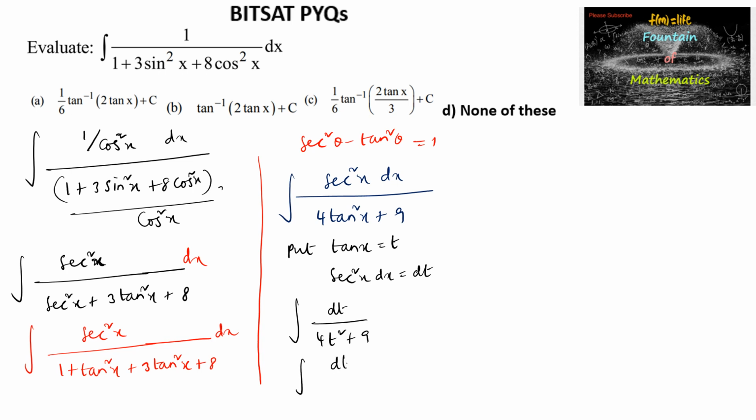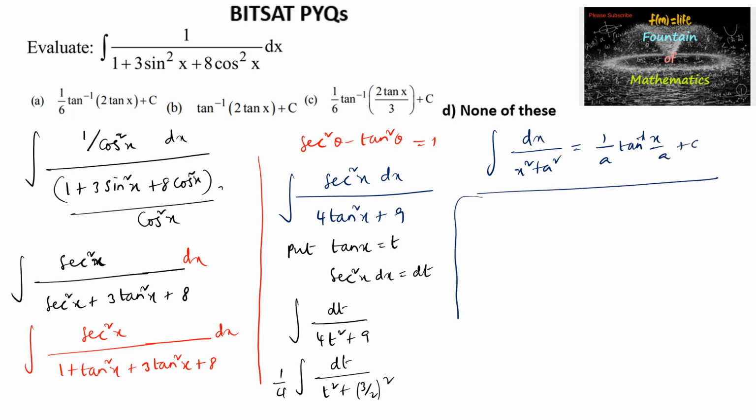We can also write dt upon 4 taken common, t square plus 9 by 4, that is (3 by 2) whole square. And we know the integral dx upon x square plus a square is equal to 1 upon a tan inverse of x upon a plus constant.